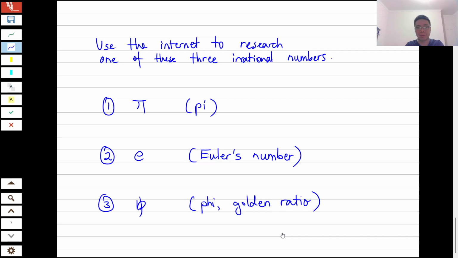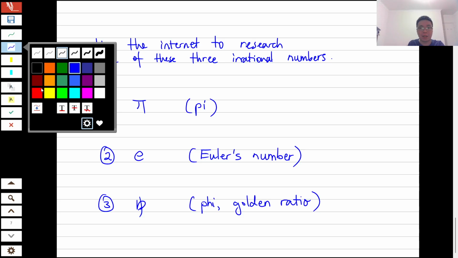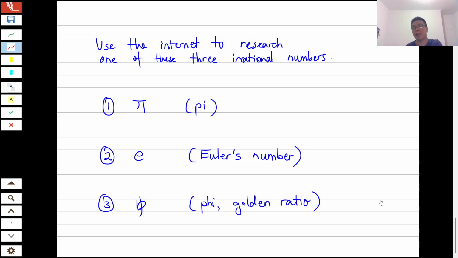So here's my advice. If you don't like maths that much, and I understand that, we can't like everything, the easiest one to do research on is this one, the golden ratio. Just search golden ratio in art and nature, and you'll see all kinds of examples of the golden ratio appearing.